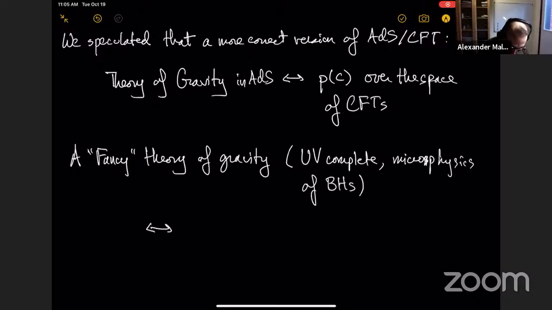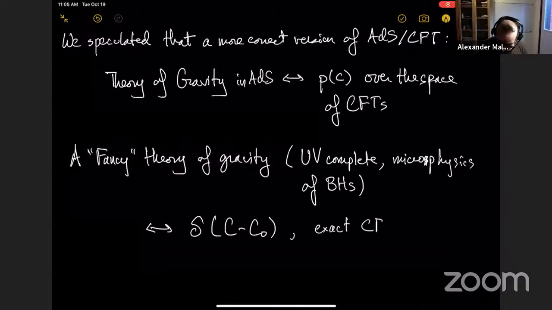That should correspond to some sort of delta function distribution on the space of CFTs, where this theory of gravity is dual to an exact conformal field theory. That is to say, a single conformal field theory.